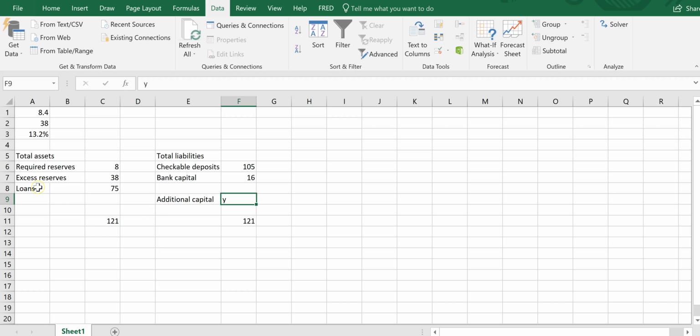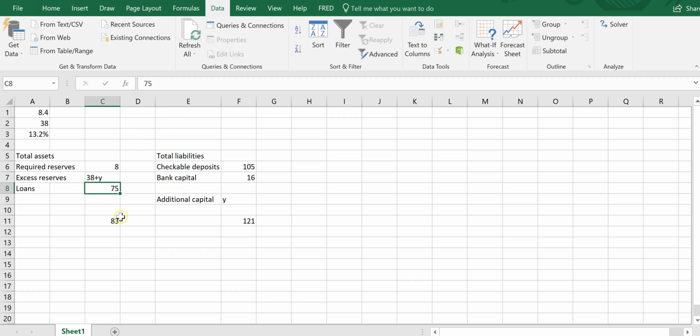As we just analyzed, the only thing that can change is the excess reserves. Remember, we used these excess reserves to balance this balance sheet in the previous step. Now we also need to use the excess reserves to balance this new equation.